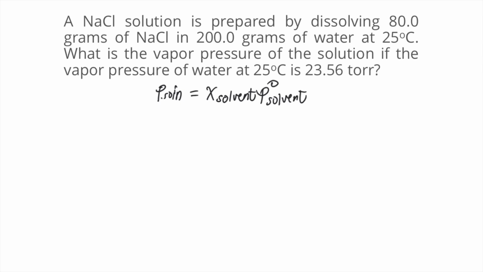In our problem, our solvent is water, because if you read the problem, it says it was dissolved in water. So our equation now becomes: the vapor pressure of the solution is the mole fraction of water times the partial pressure of water, or the pressure of water at 25 degrees Celsius.